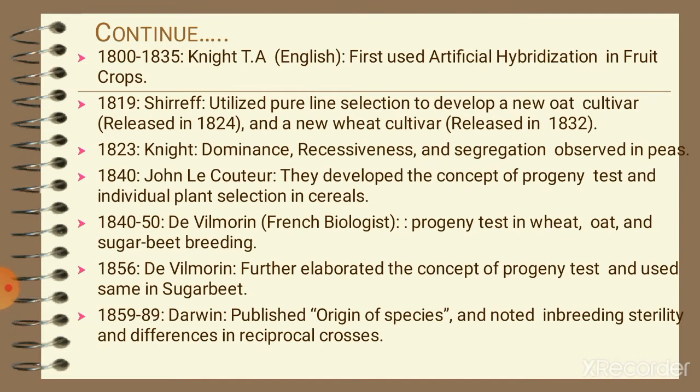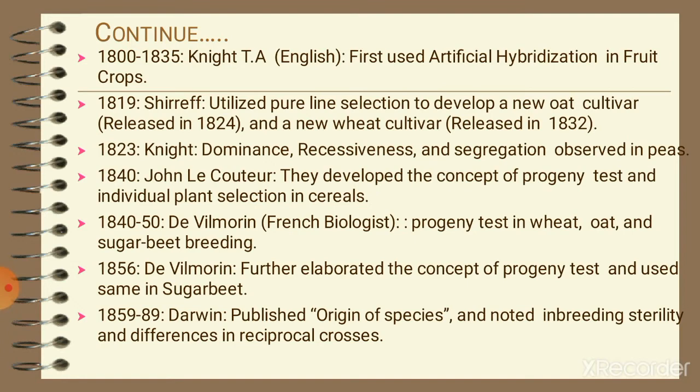In 1840, John Le Couteur observed the concept of progeny test and individual plant selection in cereals. In 1840 to 50, de Vilmorin, a French biologist, developed the progeny test in wheat, oat and sugar beet breeding. In 1856, de Vilmorin further elaborated the concept of progeny test and used the same in sugar beet crop.